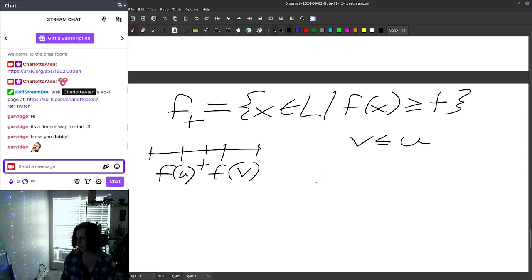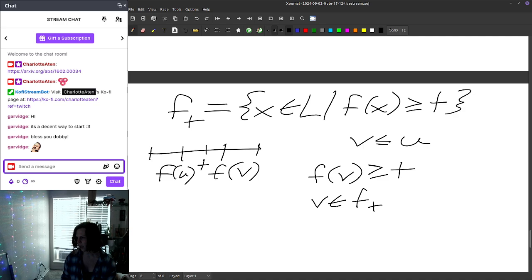Well, then we know that f of v is greater than or equal to t, which means that v is actually in f sub t, right?